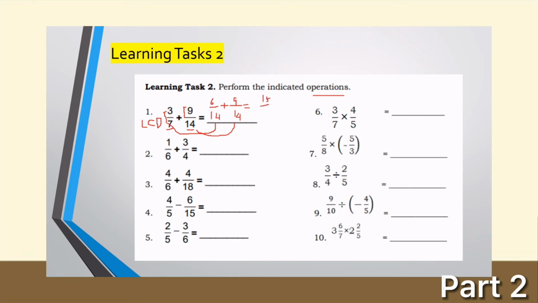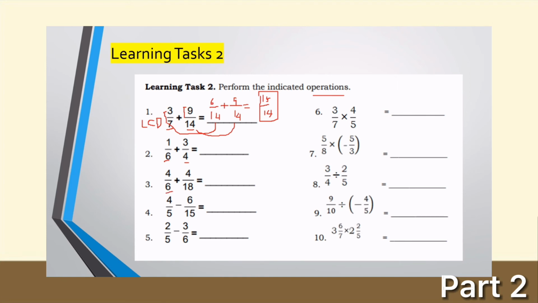And copy the denominator, which is 14. So, your answer is 15 over 14. Hayaan ng naka-improper fraction. Okay? So, for number 2, we have dissimilar fractions.